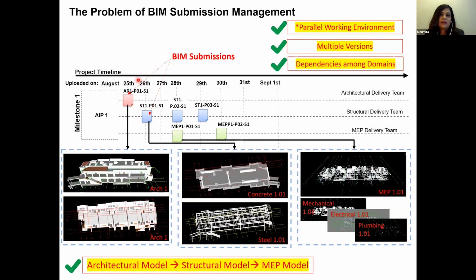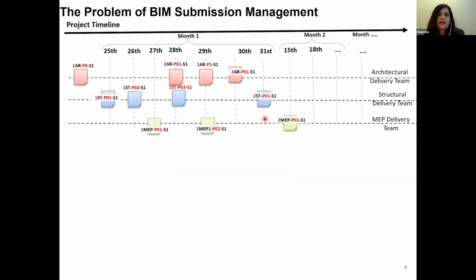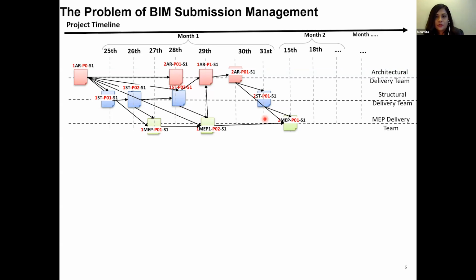These deliveries are generated over a skewed timeline, and as the versions and milestones progress, there is always an overlap between the different submissions. If the project is very large, for example an ongoing project we're working with, which has had more than 40 domains in the last 2 years, then as the number of domains goes up we have complexities.